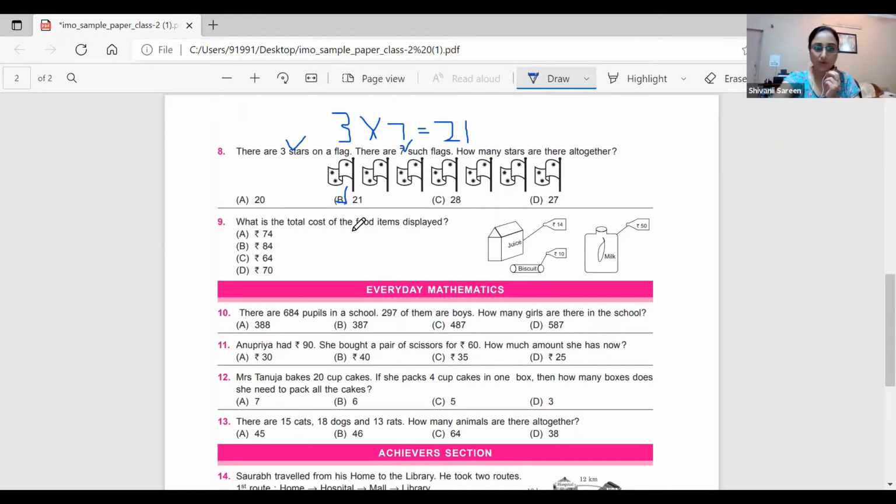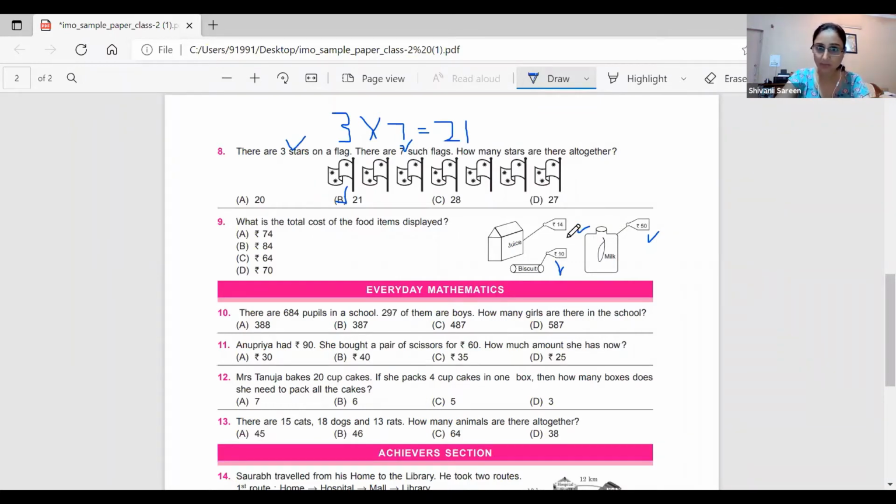What is the total cost of the food items displayed? So we have juice, we have biscuits, and we have milk. How to calculate that fast? I know you can calculate by writing all the three numbers in order and calculate, but how can you calculate mentally? 50 plus 10, 60, 60 plus 14.